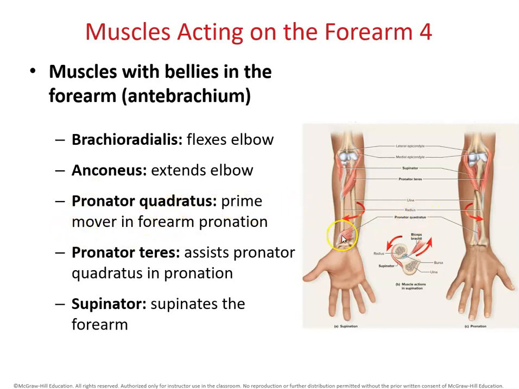Okay, so that one is down closer to the wrist, the pronator quadratus. And then the pronator teres is closer to the elbow. Okay, and these allow in pronation. And then supination is by the supinator, not surprisingly there. So your biceps brachialis is going one direction and the supinator is going the other direction.